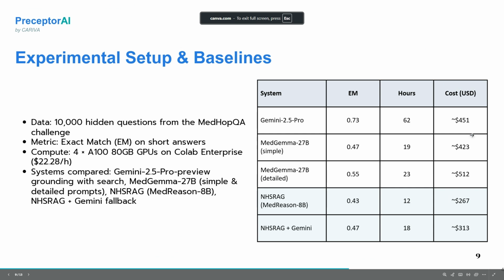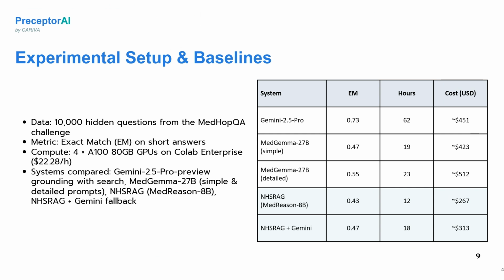For the experiment setup and baseline, we run inference on the data, with 10,000 questions and 1,000 hidden questions from the MedHopQA challenge. The metric that they use is exact match on the short answer.